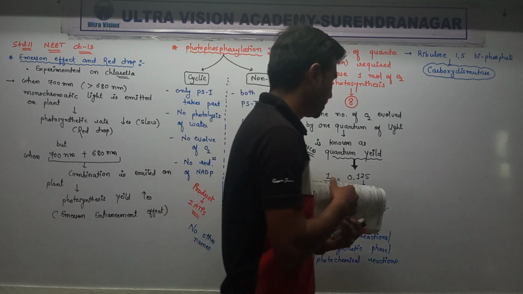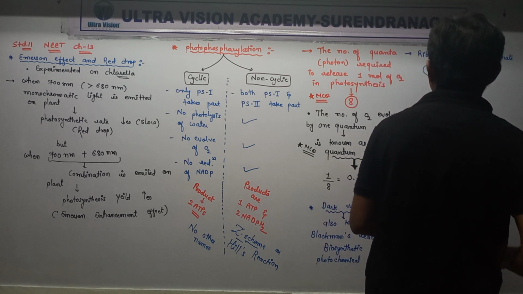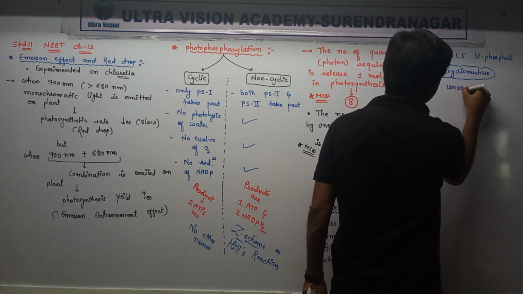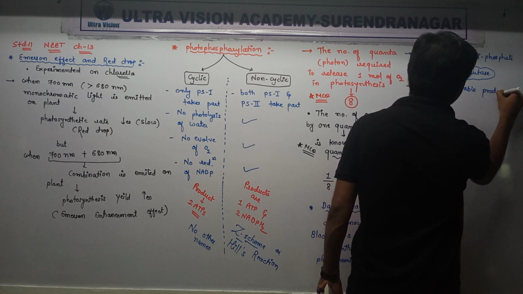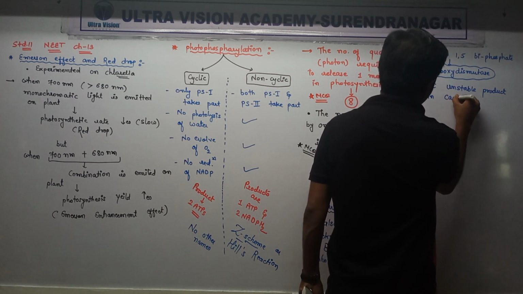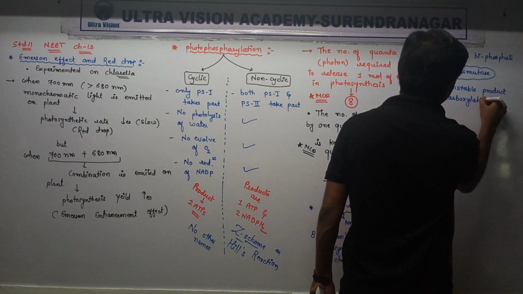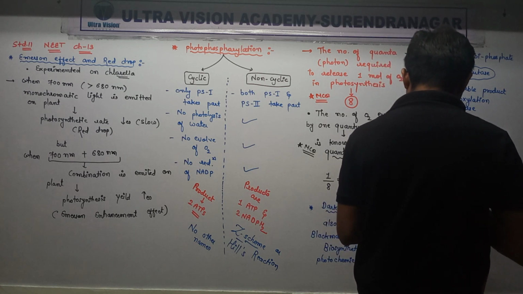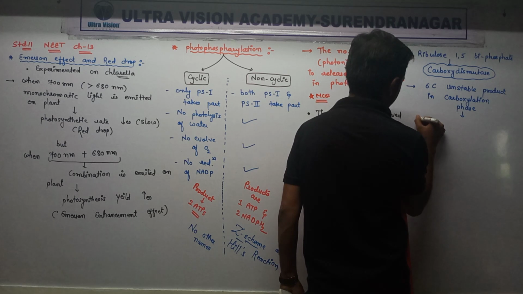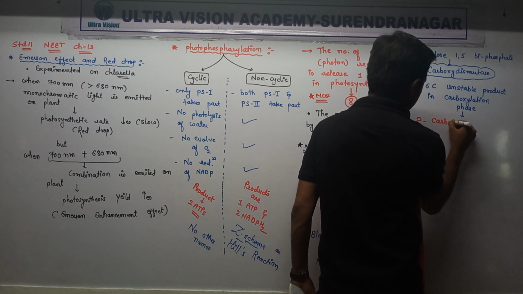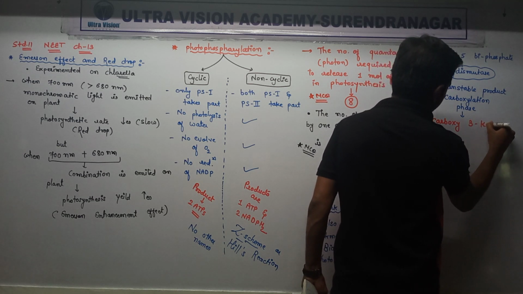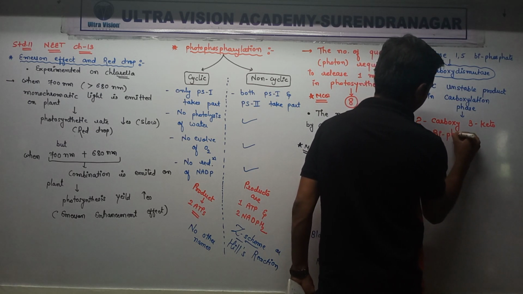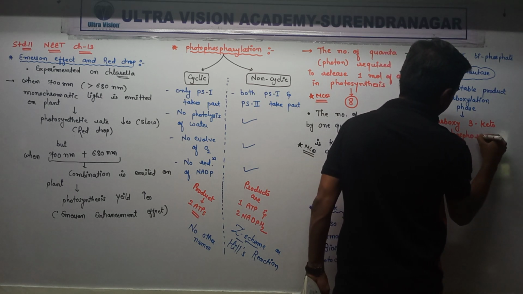The name of the 6C unstable product in the carboxylation phase is 2-carboxy 3-keto 1,5-biphosphoarabinitol.